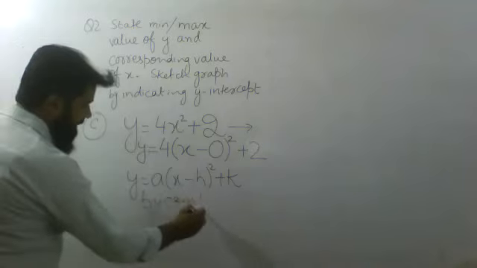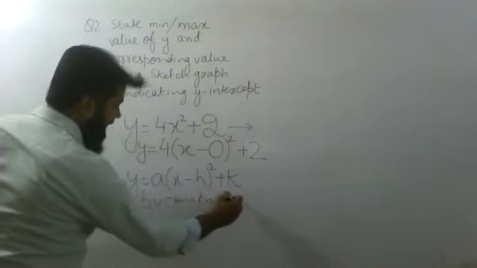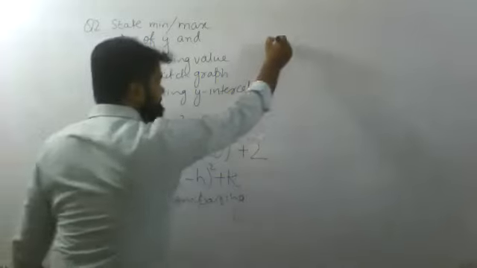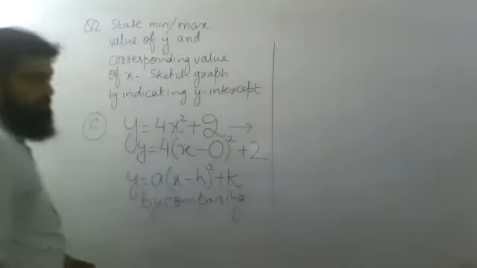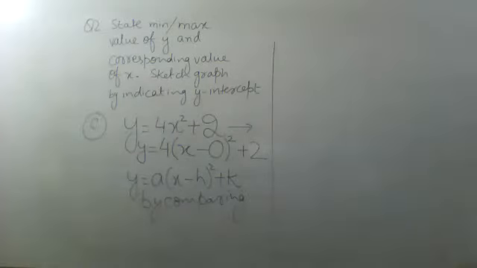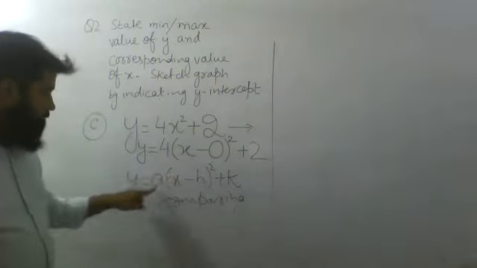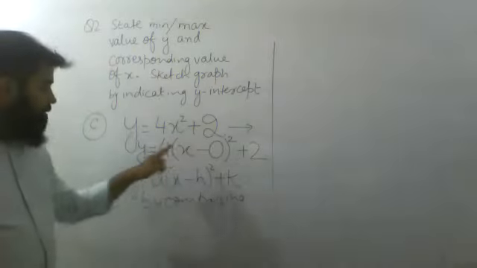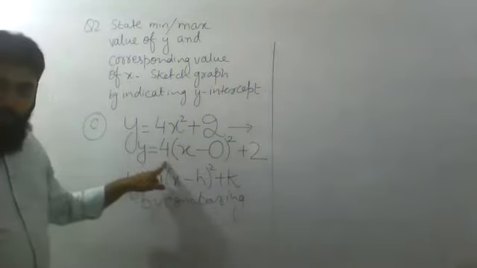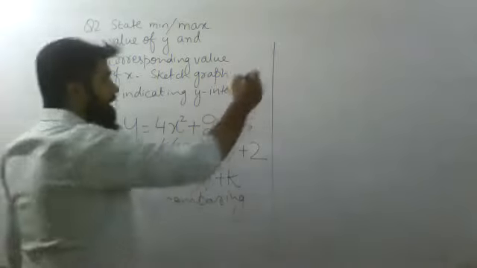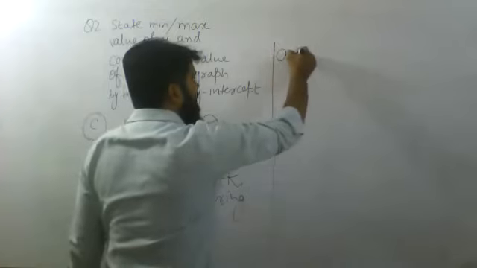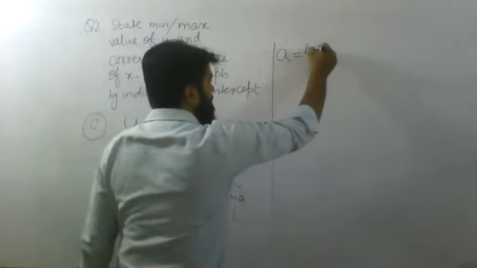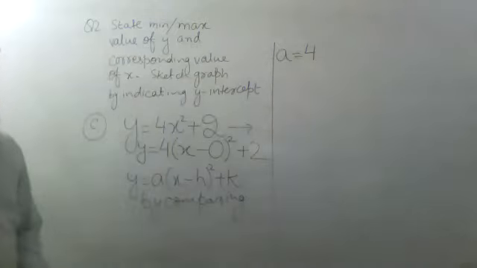When I do the comparison, I have a bracket with whole square, outside is a. A bracket with whole square, outside is 4. So when I compare, the value of a will be 4.